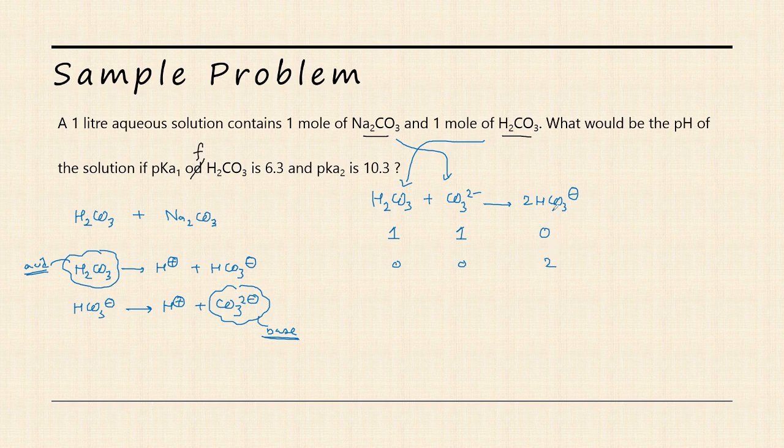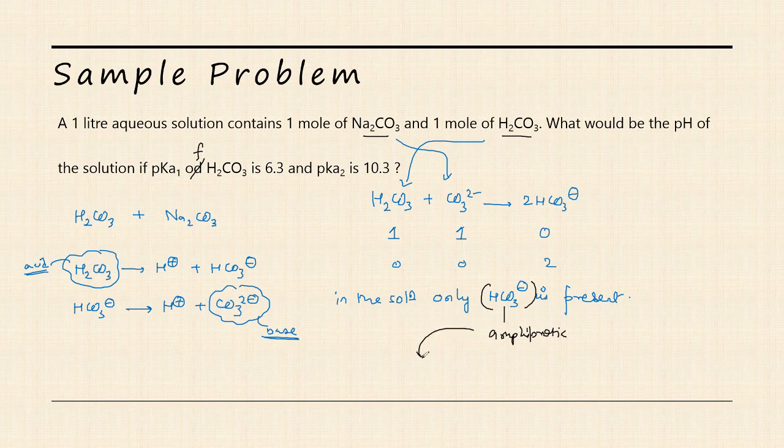When this becomes 2, it means that in the solution only bicarbonate is present. Understood? Only bicarbonate is present. And what is bicarbonate? Amphiprotic.